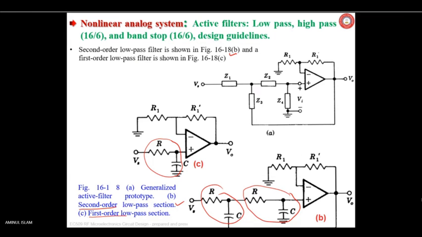Order of the transfer function, what is that? From there also you can, I'm giving some hints.